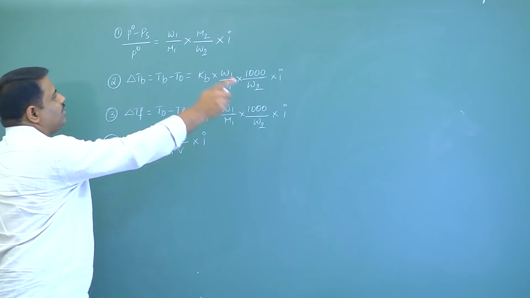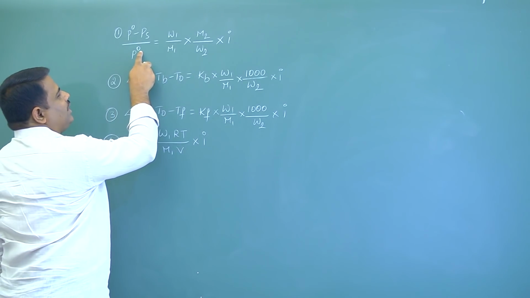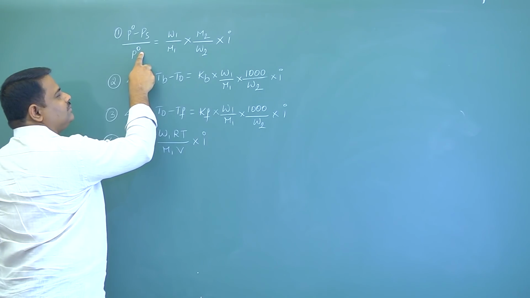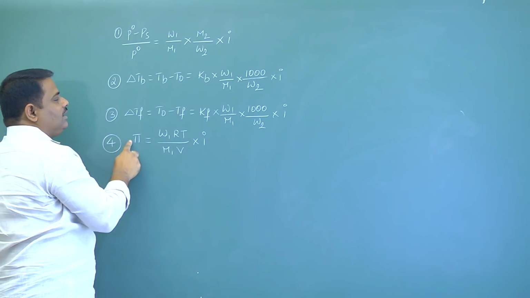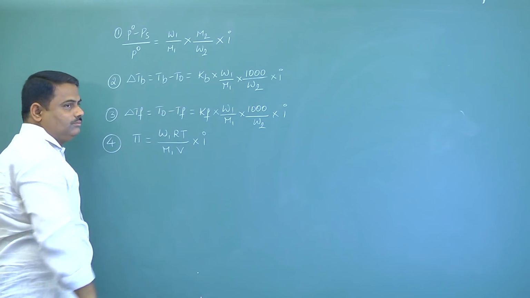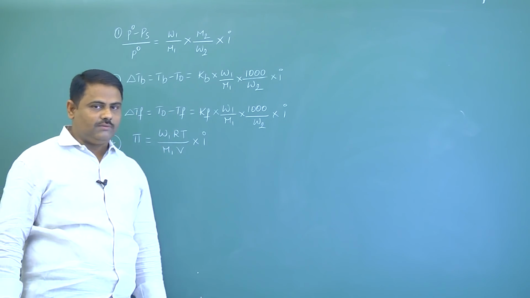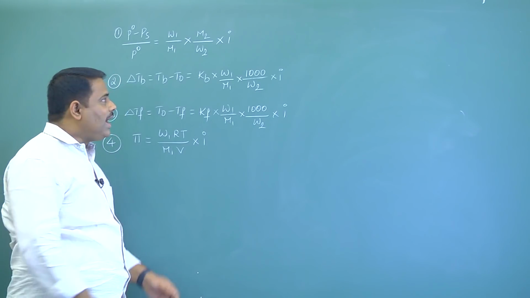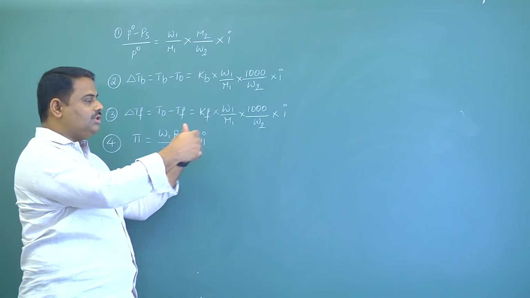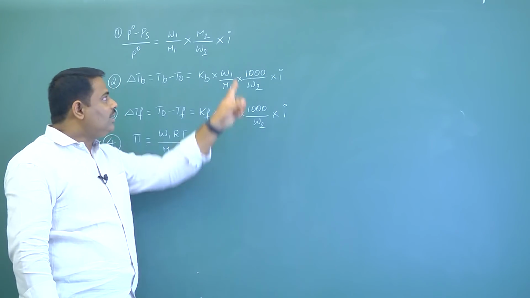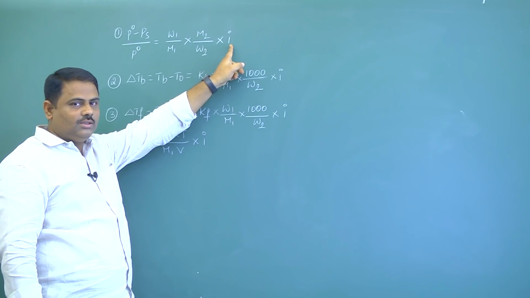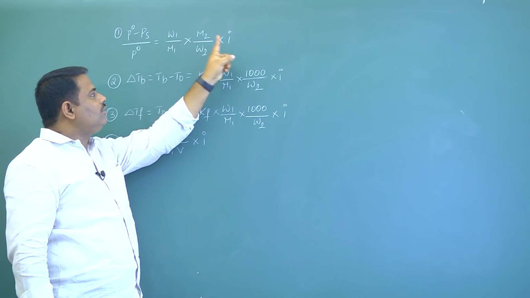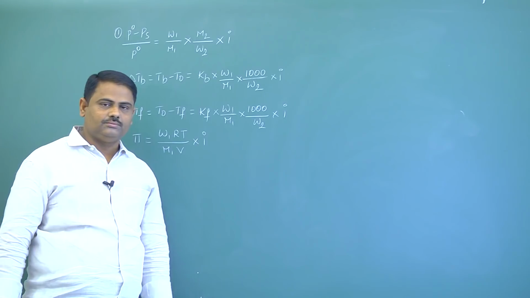Now see this first formula, this is the relative lowering of vapor pressure. As we know, all the colligative properties are directly proportional to the number of particles of solute. As the solute undergoes dissociation, the number of particles increases, the I value increases, and the overall colligative property also increases.